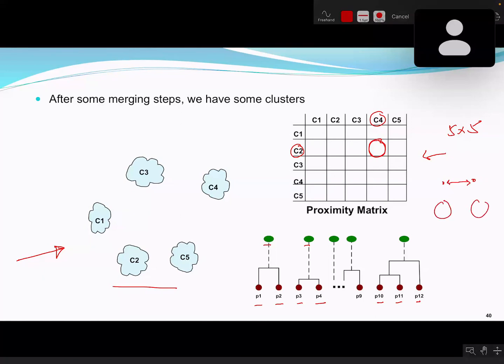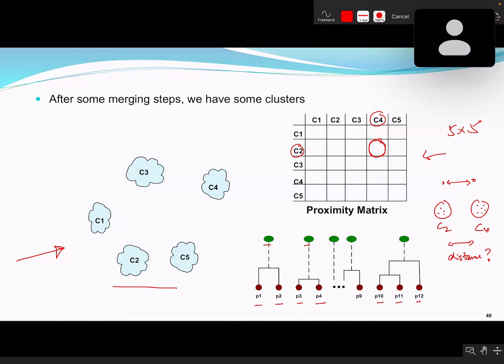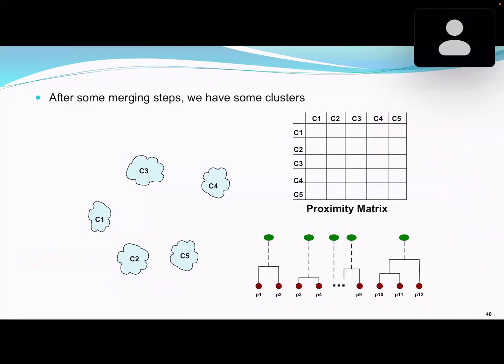But if you're giving me 2 clusters, and in each cluster there are some points in it, how do I measure the distance or the similarity between the 2 clusters, right? Because each one of them is a set instead of a single point. For a single point, I know how to measure the distance, but for sets, which are clusters, I don't know how to measure the distance. Now, there are actually multiple different ways for you to measure the similarity of clusters. We'll get into that shortly.